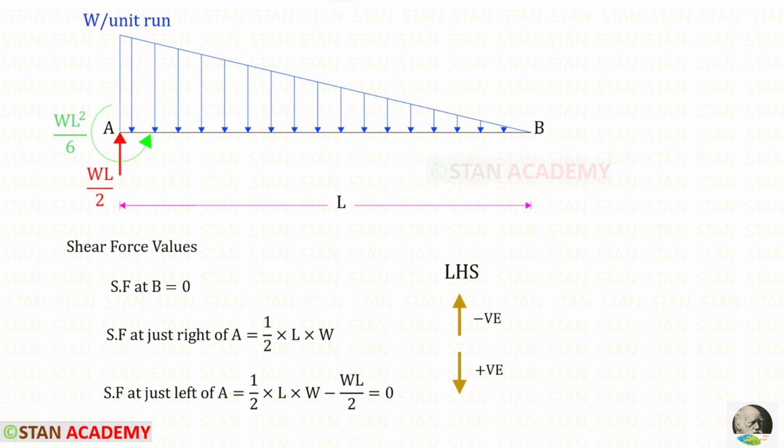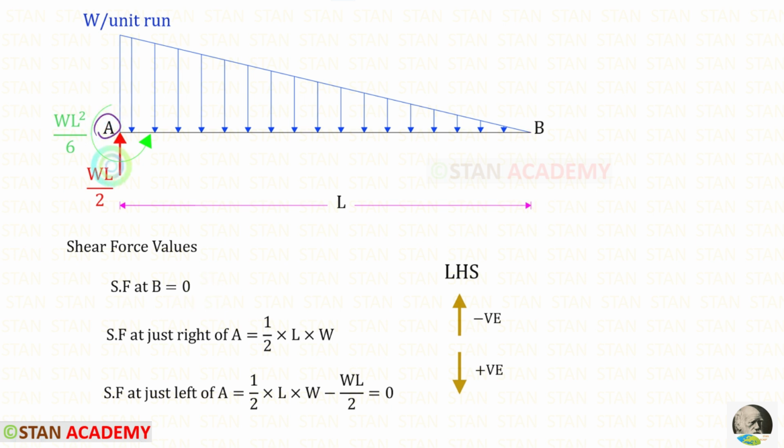Now we are going to find the shear force values. I am going to find them from the point B. In this case, we have to follow the left-hand side rule, upwards negative and downwards positive. At the point B, there is no load, so the shear force at B will be 0.